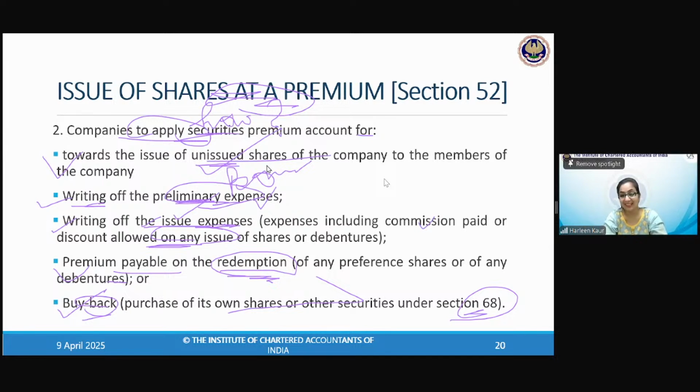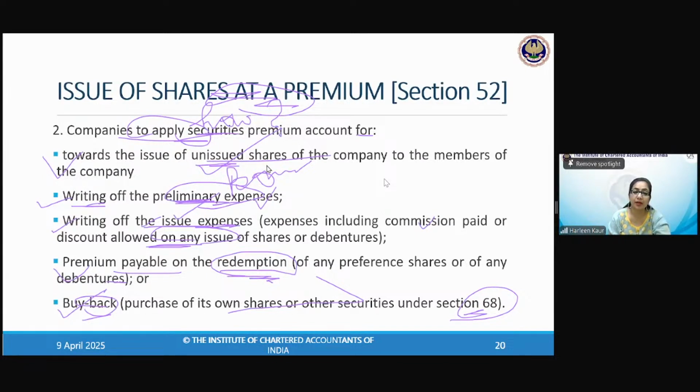So we have learned the answers along with this: buyback, bonus shares, preliminary expenses, issue expenses, and paying the premium on redemption of preference shares.